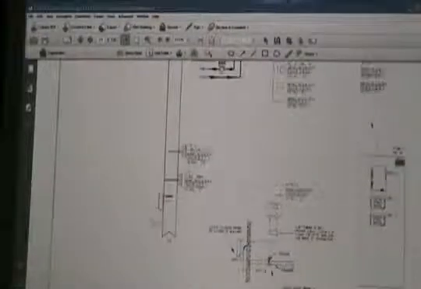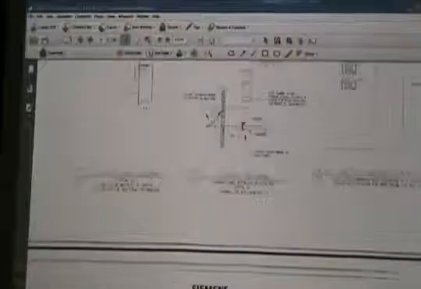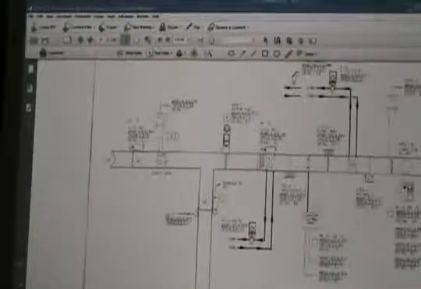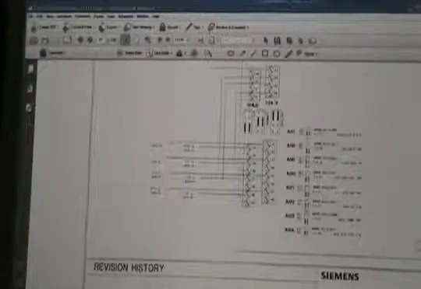Okay, then we've got a very similar air handling unit here. This one is safeties on that VAB.